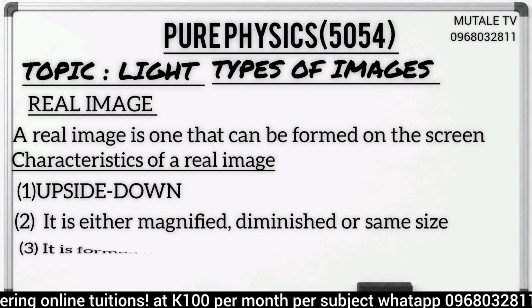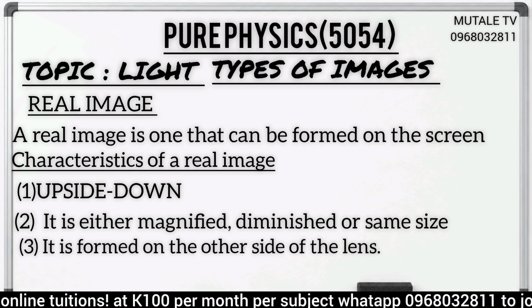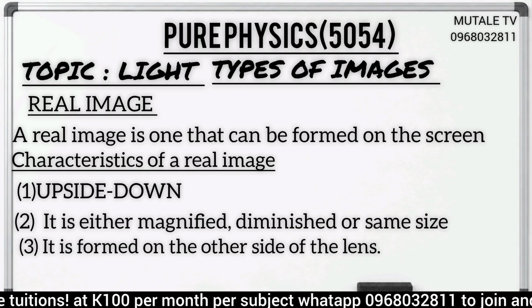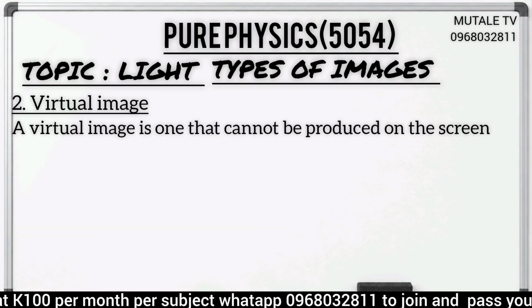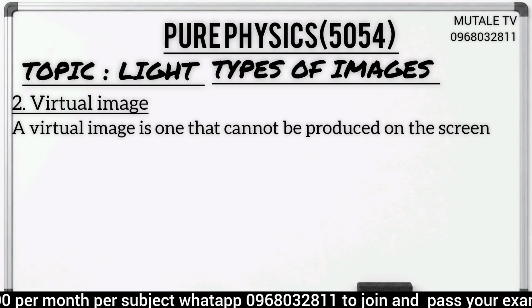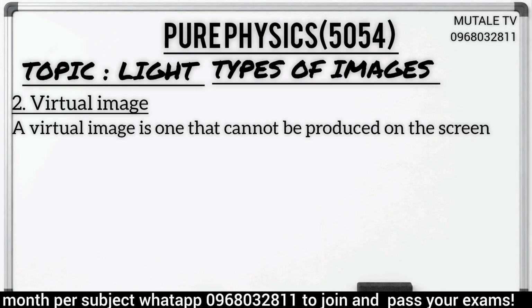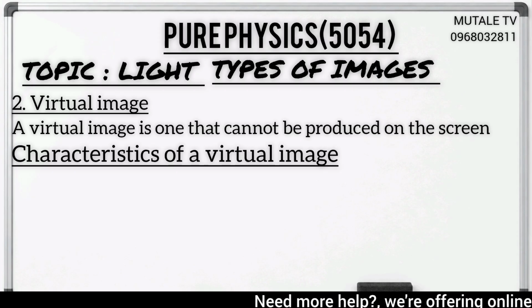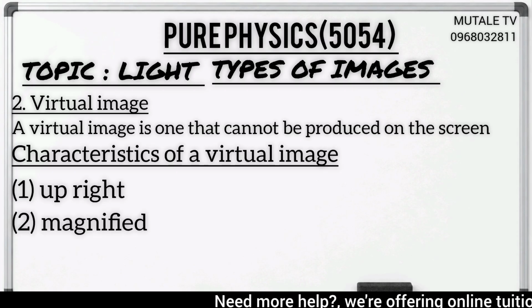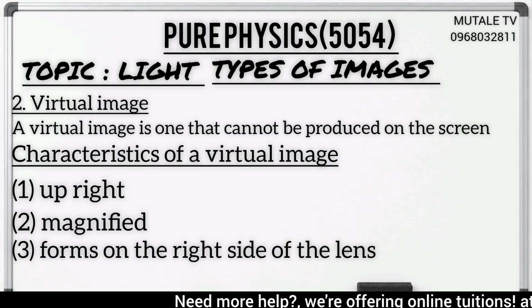It always forms on the opposite side of the lens from the object. A virtual image, on the other hand, cannot be produced on a screen at all, and to see it, you must look directly through the lens from the same side as the object. A virtual image is always upright, always magnified, and always forms on the same side of the lens as the object.